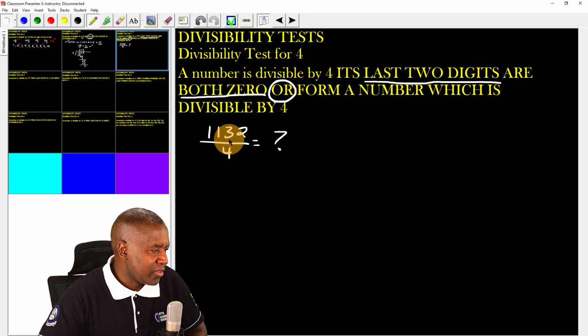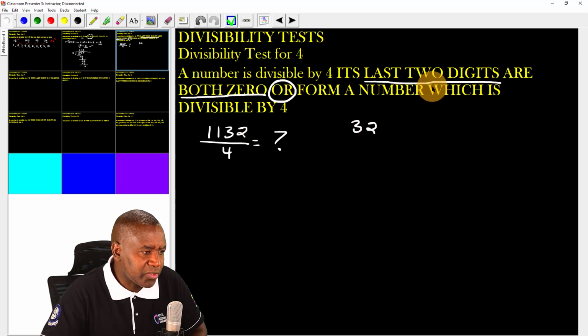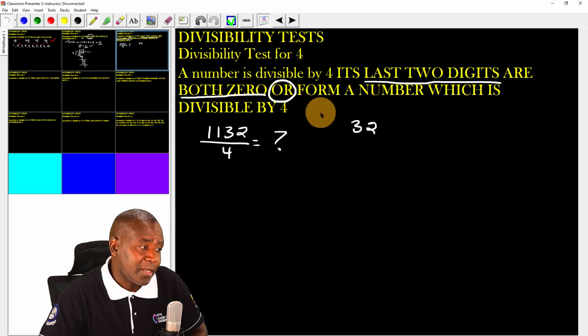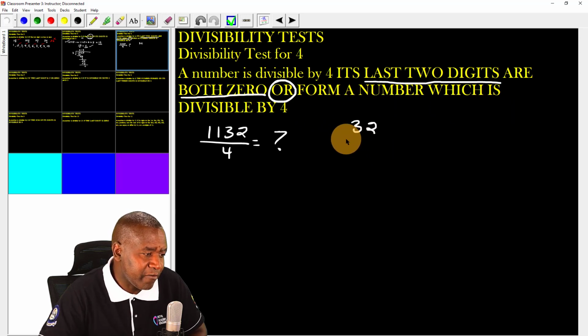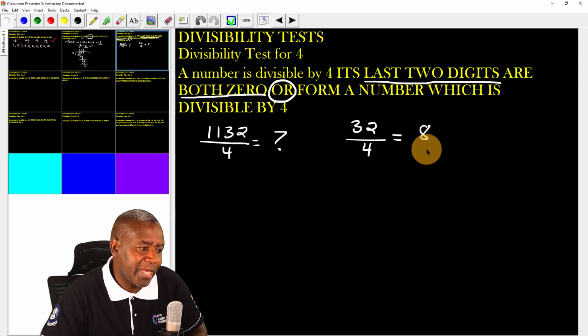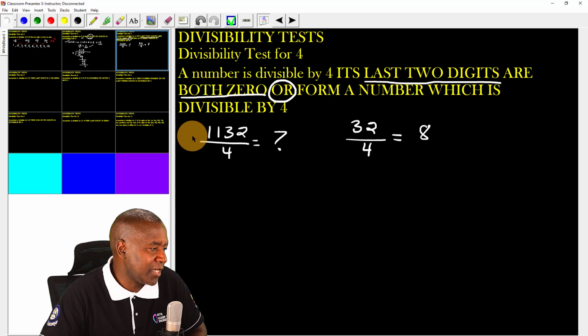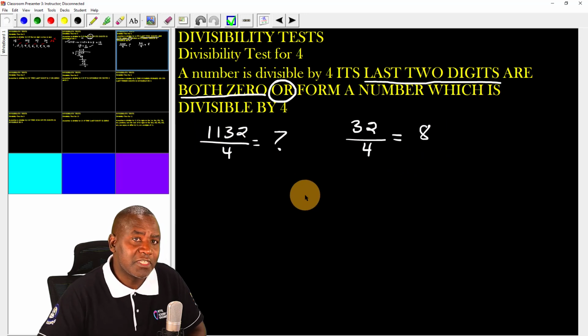What are they? 32. They are not 0, so we look at them as they are. Do they form a number which is divisible by 4? Is 32 divisible by 4? Yes. I divide 32 by 4, I get 8. And definitely 1132 is divisible by 4.